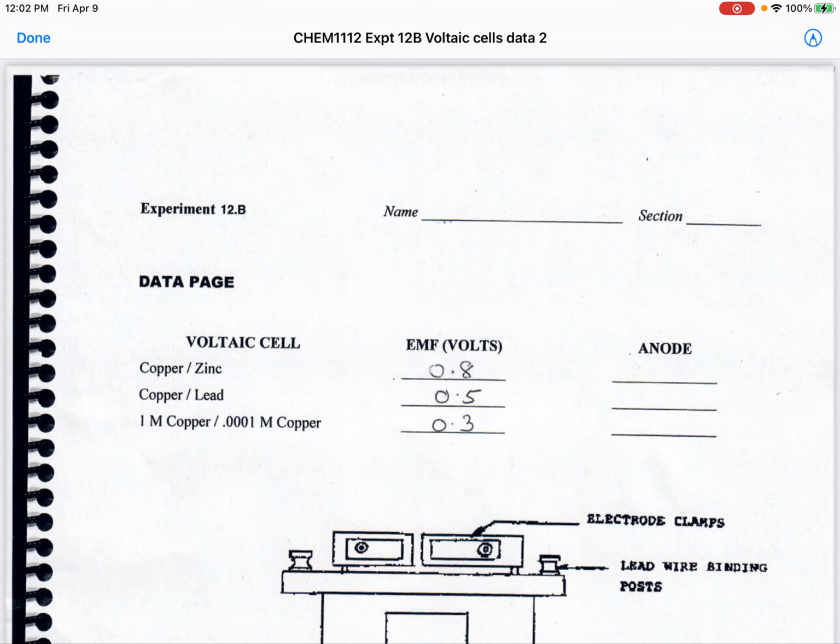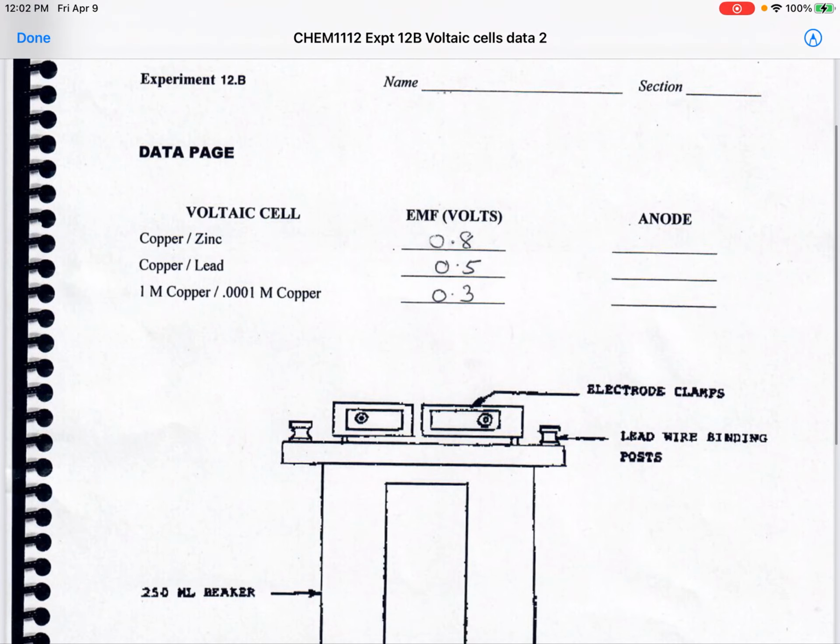You may have watched the video already, and this is the report sheet that you have to complete. It's pretty easy and straightforward. All you need to do is find what is the anode.